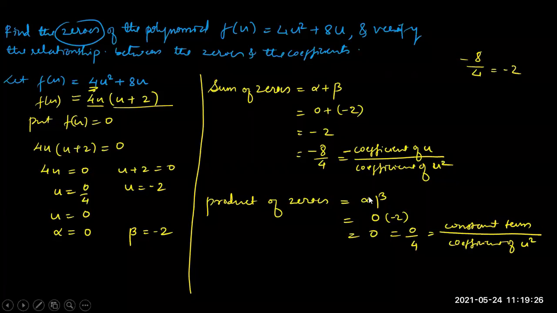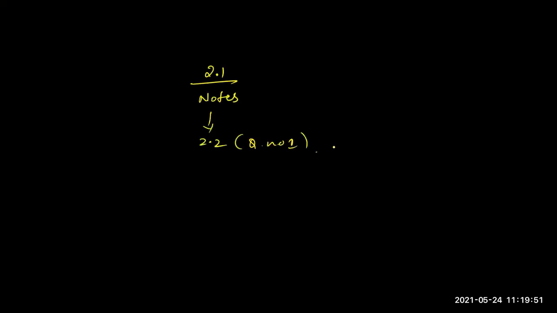So these are the two examples based on the relationship between zeros and coefficients. We'll solve some more examples, and I'll give some homework. Already I gave 2.1, correct? After 2.1, you need to write the notes. And after the notes, you need to solve 2.2 question number 1. Notes I'll send.